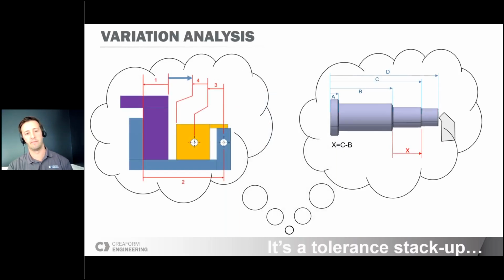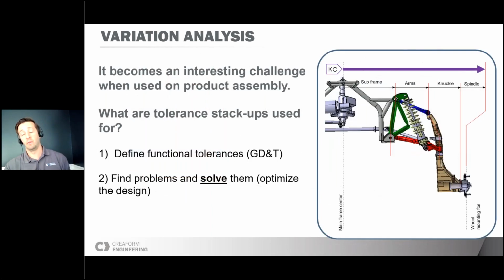What comes to my mind when I think about variation analysis or tolerance analysis is simpler and maybe less attractive: it's a simple tolerance stack-up. Most designers or mechanical engineers have already touched this subject. But it really becomes interesting when you apply it to a product that needs to be assembled on a manufacturing line.